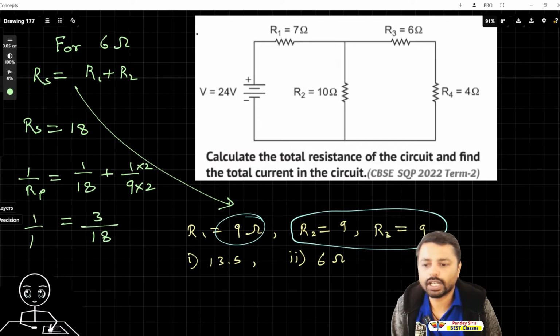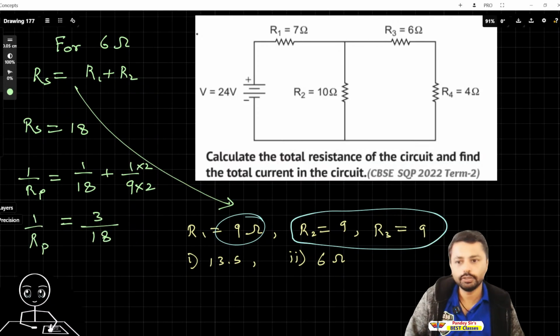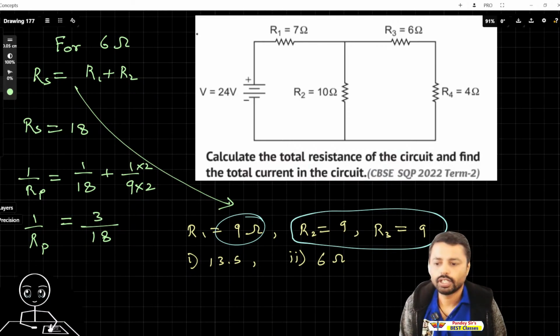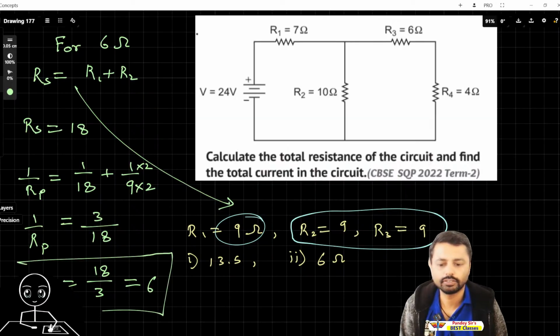Okay, that is 1 by Rp. Now reciprocal, because this question has been solved, so Rp equal to 18 by 3, and what is 18 by 3? 6. That's it. So this was comparatively easy.